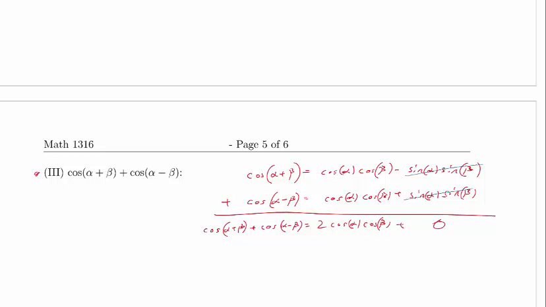Solve for the products that we have right here, and so we end up with the following result: cosine alpha cosine beta equals 1/2 cosine alpha plus beta plus cosine alpha minus beta.